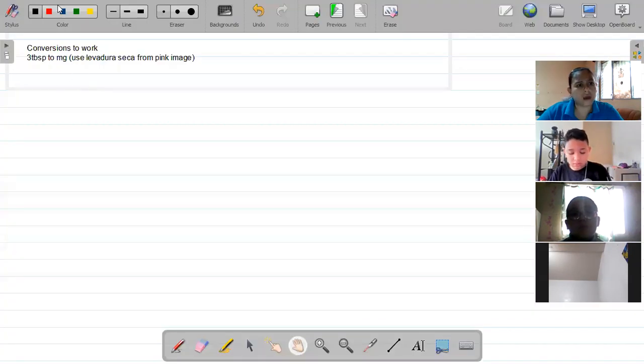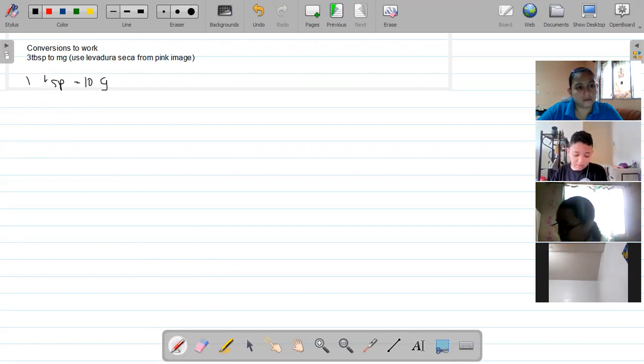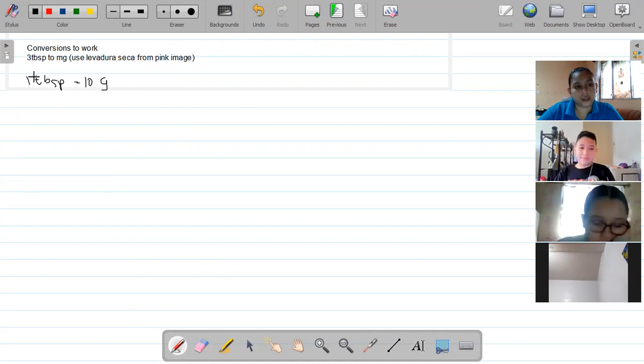So I'm going to say, okay, the conversion that I have is that 1 tablespoon of levadura seca is equal to 10 grams. Okay, that's the conversion that I have. Let's rewrite those letters. There. 1 tablespoon is equal to 10 grams. They are asking me to change 3 tablespoons to milligrams.